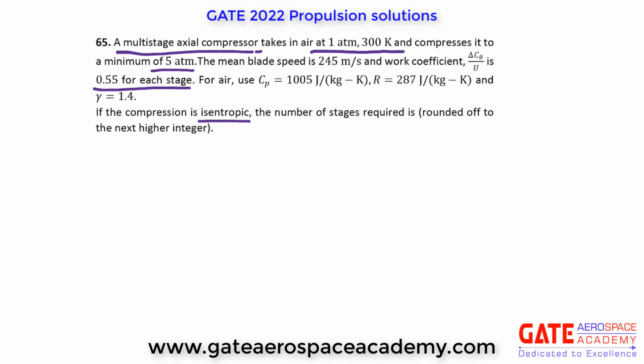So inlet stagnation pressure P01 is equal to 1 atm. T01 is equal to 300 Kelvin. Pressure ratio Rp is equal to 5 by 1 because they have given minimum of 5 atm. So 5 by 1 is equal to 5. Pressure ratio is 5. Right?